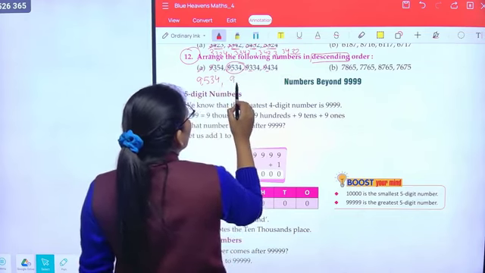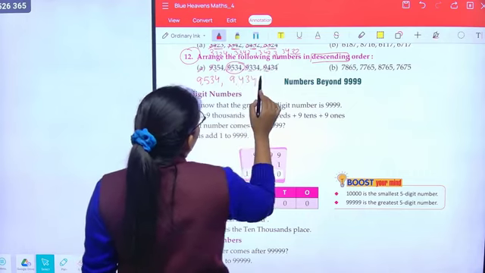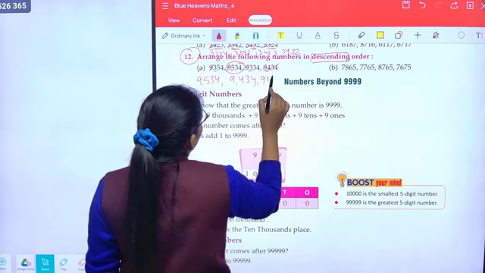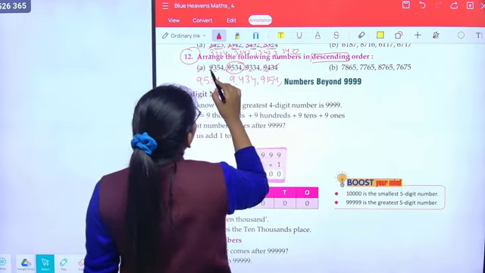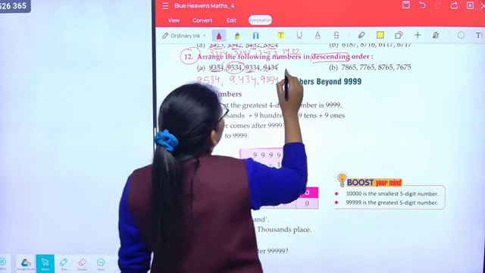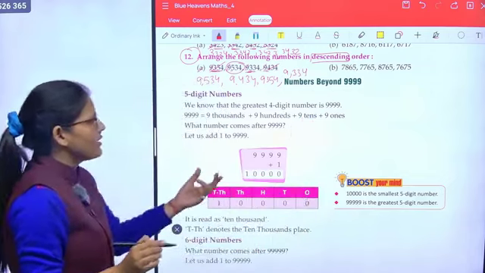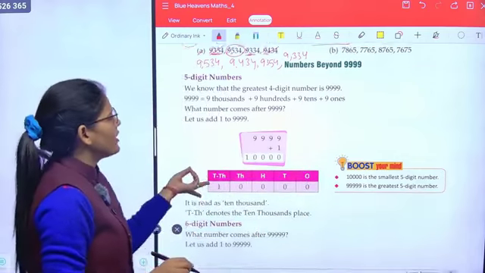Now 9434. Now 9354, and then cut it, and then this 9334. Understand, class? Rest of the parts do yourself.